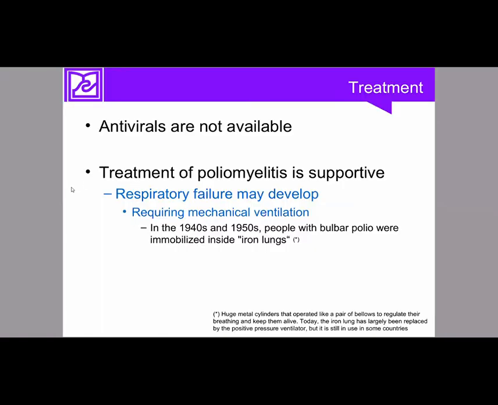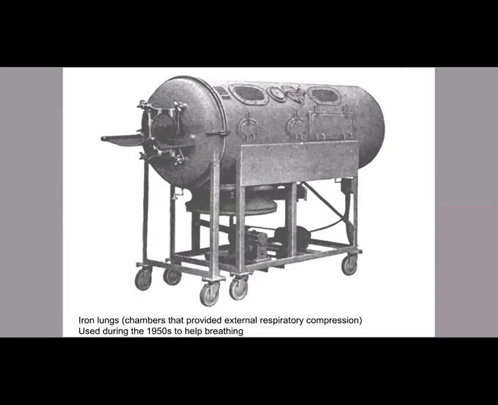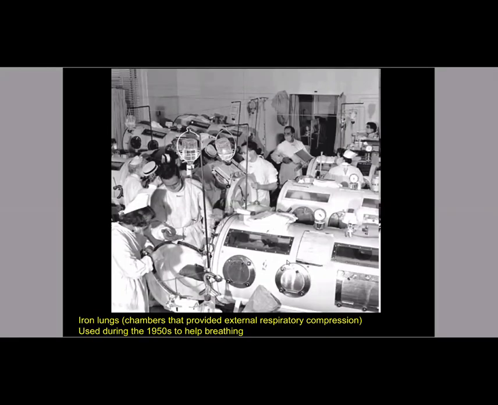In the past, poliomyelitis was very important and many people died because of respiratory failure. So respiratory failure was the most severe complication. Some people had to live inside these lungs. This is an iron lung. Look, this is a hospital in the US 50 or 60 years ago.